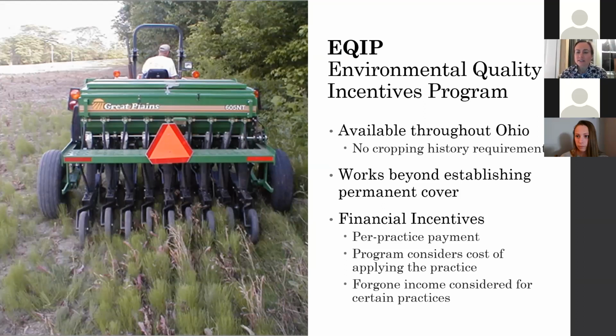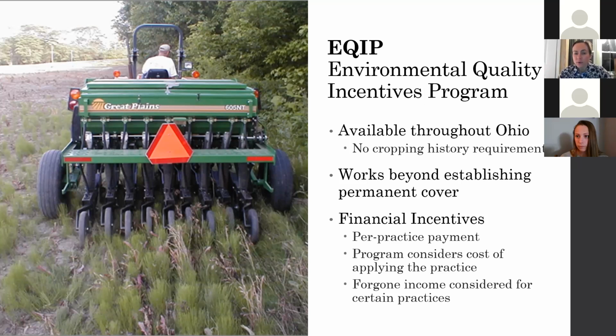The program considers the different costs of applying the practice. So applying or seeding an area isn't just paying for seed, it's paying for seed and the labor and the farm equipment that's needed, et cetera. So that per practice payment takes into account the different bylines that it takes to complete that practice. And interesting for this conversation is that some practices do take into account foregone income.